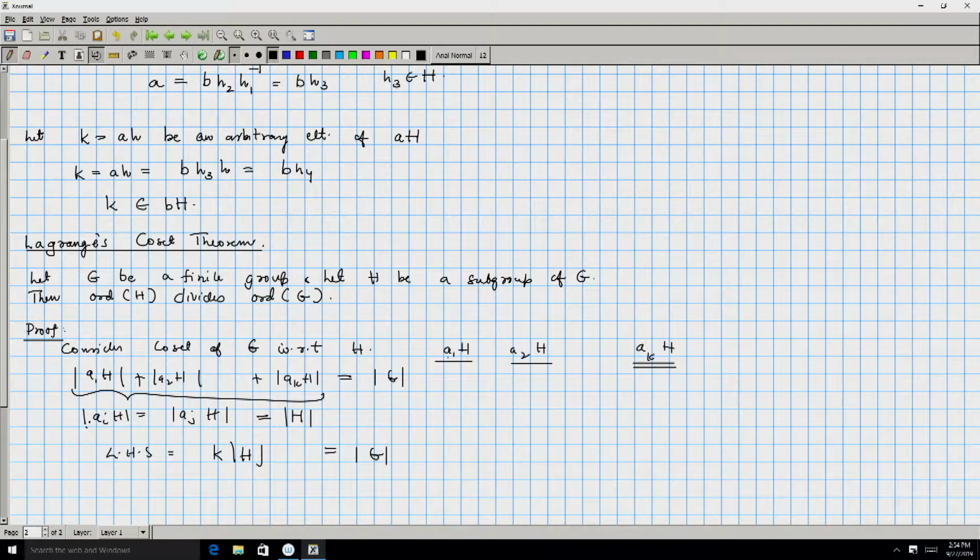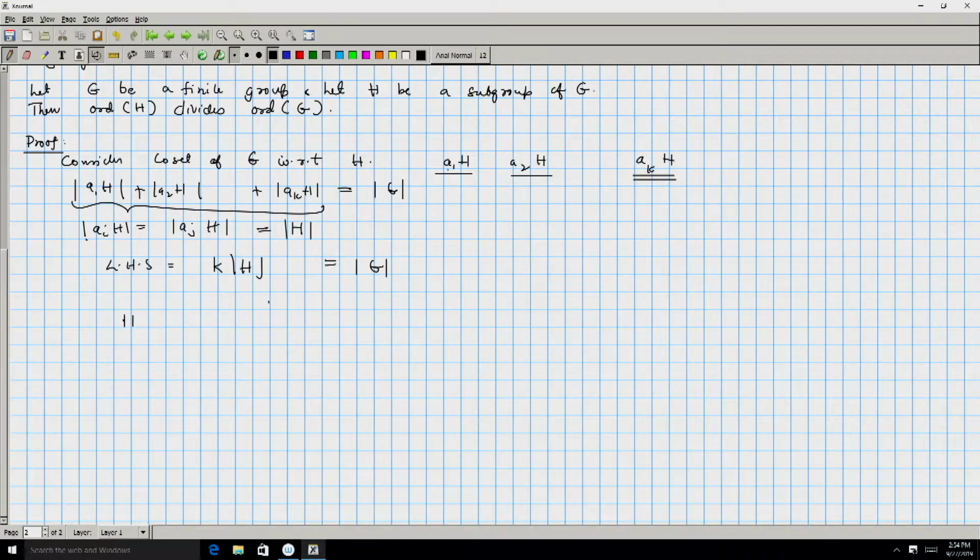All that we need to see now is why the cosets are of identical size. The set H is a finite set, and let its elements be H1 up to Hm. Now if you look at AH1, AH2, up to AHm, these are m elements and they are all distinct, because AHi cannot be equal to AHj for i not equal to j.